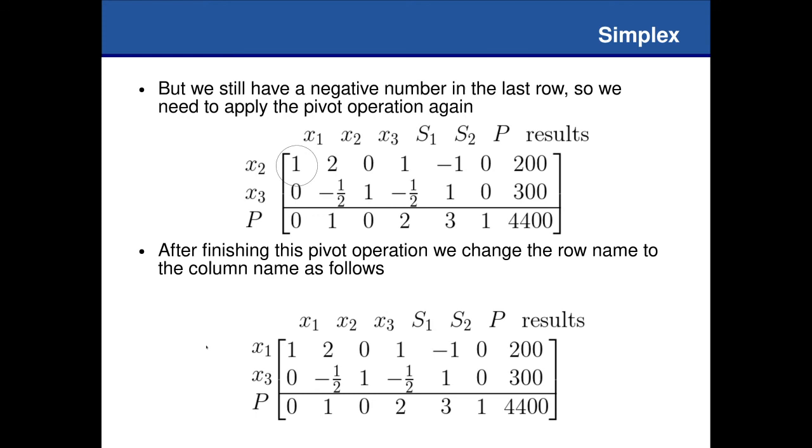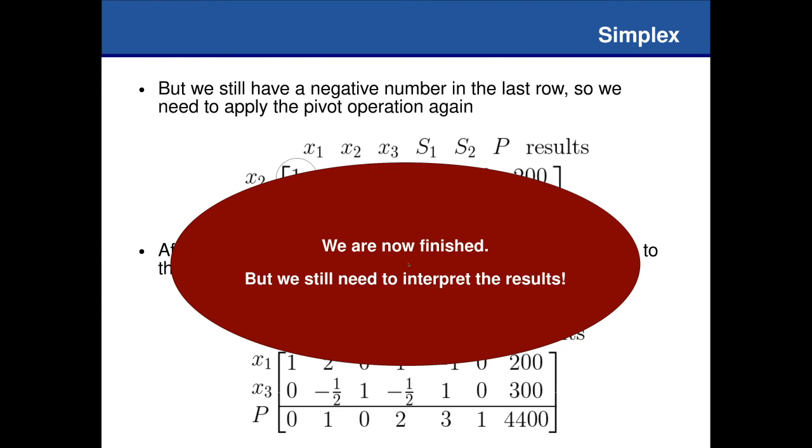In this case, 2 variables assume non-zero values. X1, we're going to build up 200 elements under the type component A and 300 elements under the type component C. In total, we're going to make a profit equal to $4,400. Okay. Next step, we're just finished.